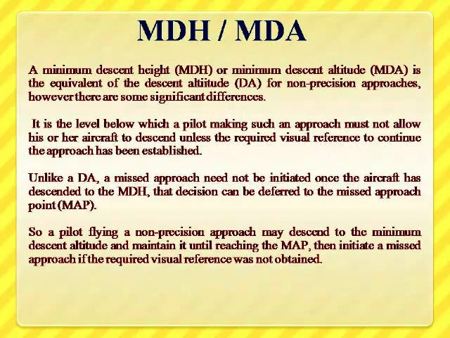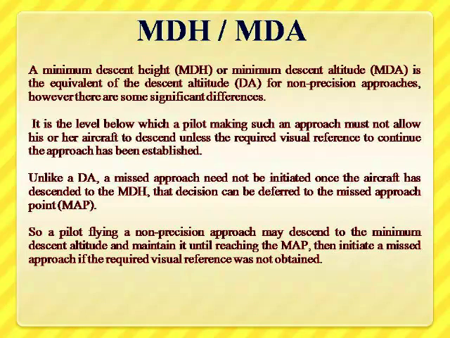So here we will see what is MDH and MDA. A minimum descent height or minimum descent altitude is the equivalent of decision altitude DA for non-precision approaches, and there are definitely some significant differences between these two.